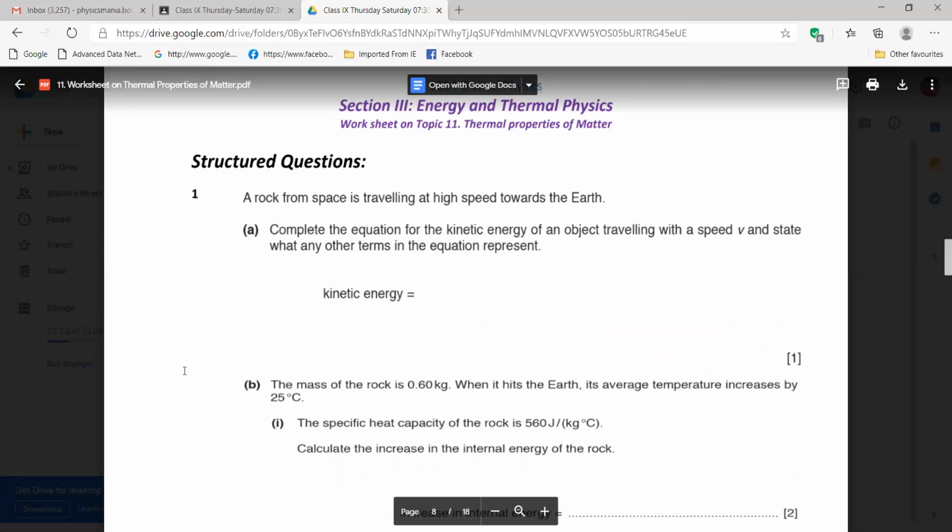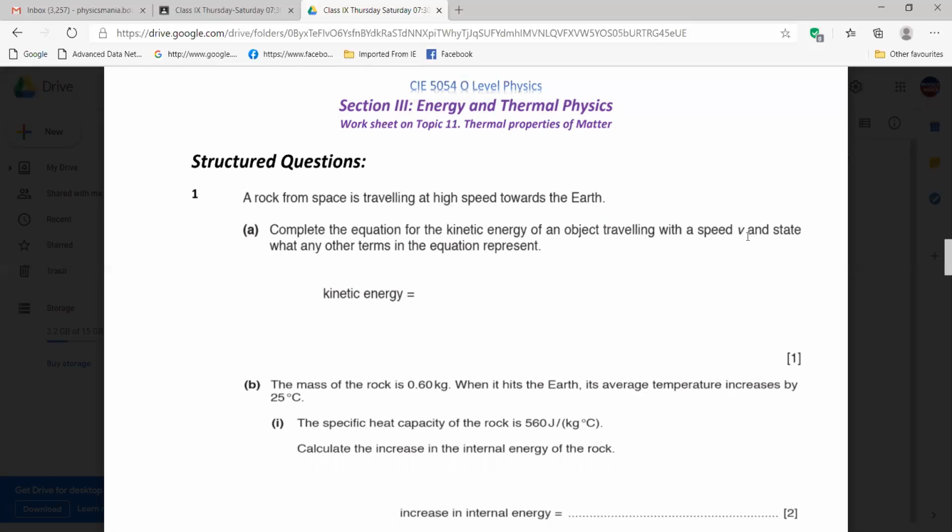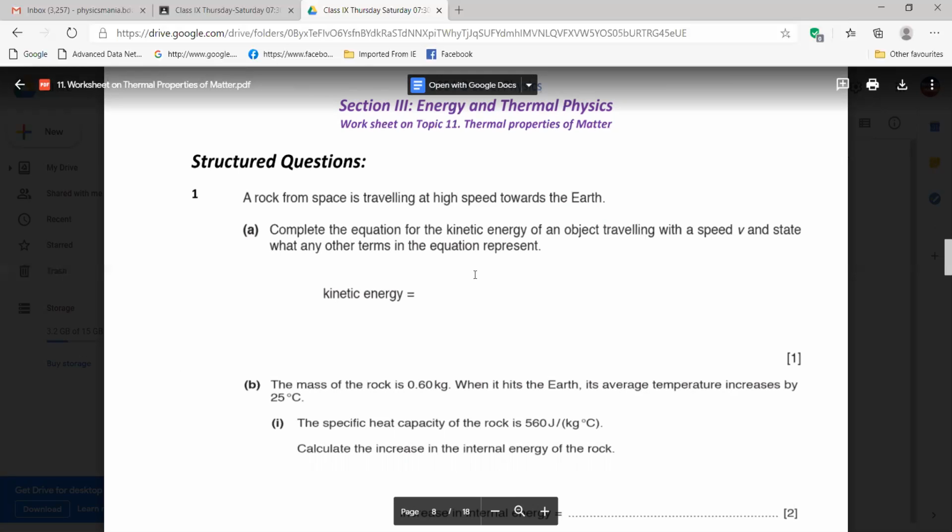What is m? Mass. They already told about the speed v, right? Other than v, you are using m. So you should write here that m is the mass.